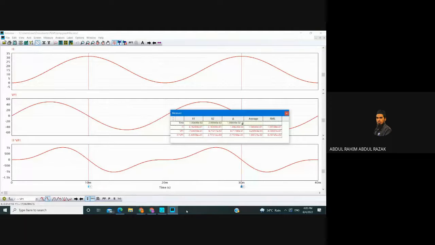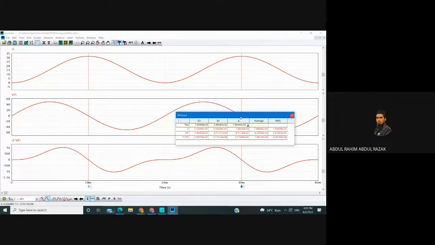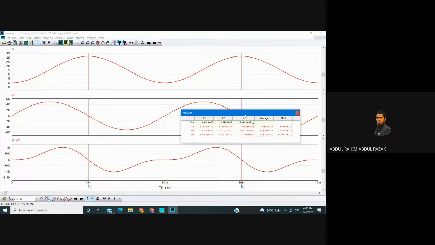Okay, when we want to present the result, actually we shall follow the flow of how we want to explain to the audience. That means the arrangement of the result also has to follow the flow of current in the simulation. We're supplying the load with a voltage of 50 volt, so the voltage pattern should be in the first row, followed by current.